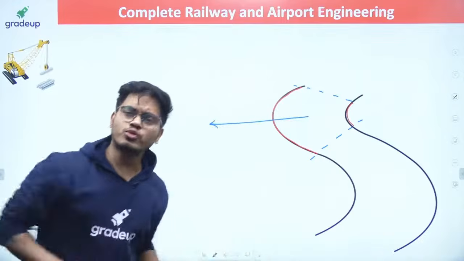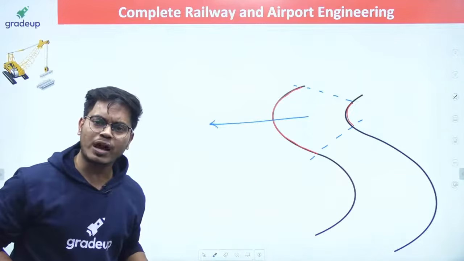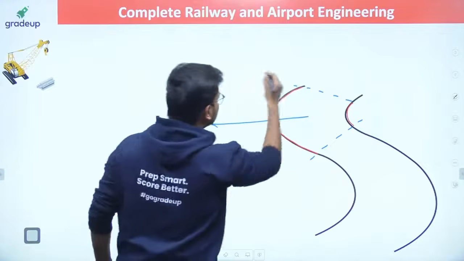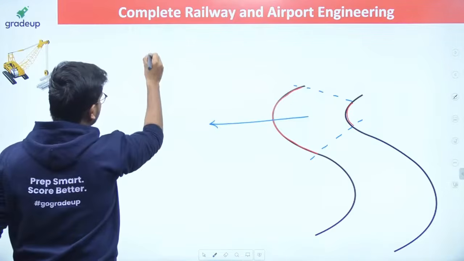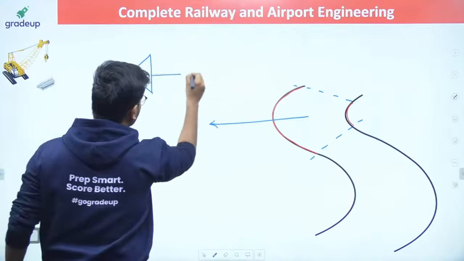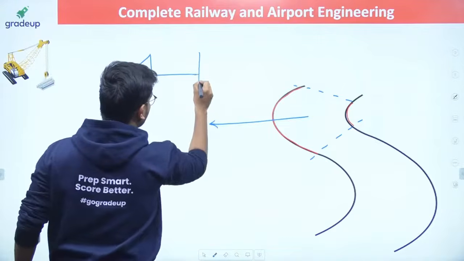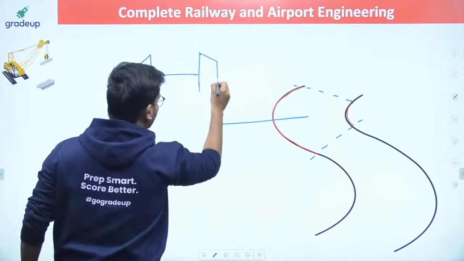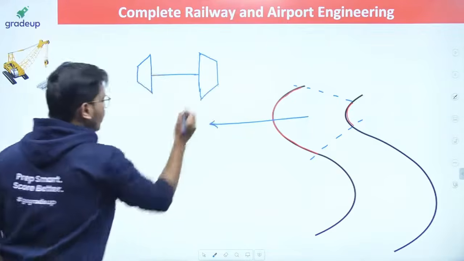Due to this, what is going to happen? Suppose this is the wheel of the train. So now what is going to happen?